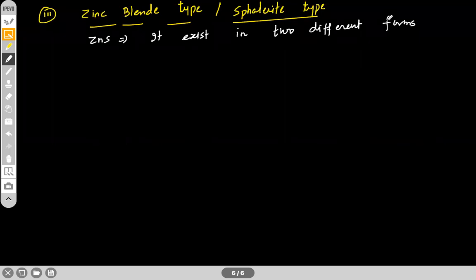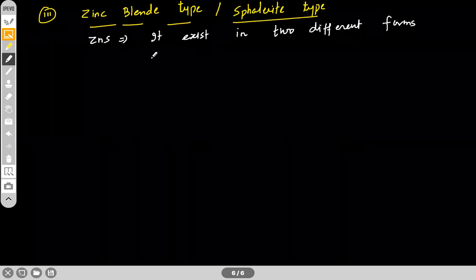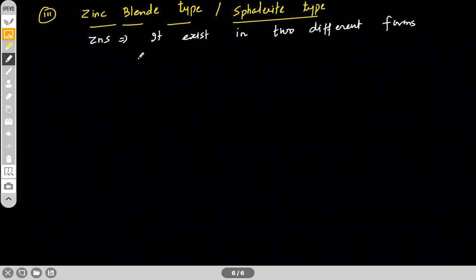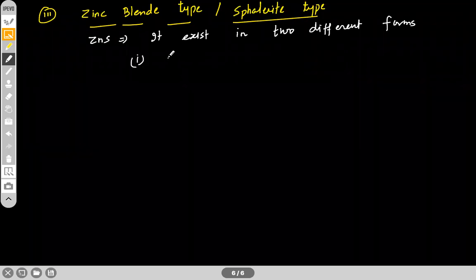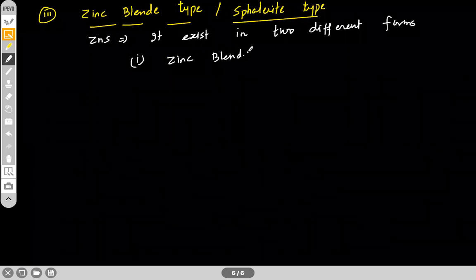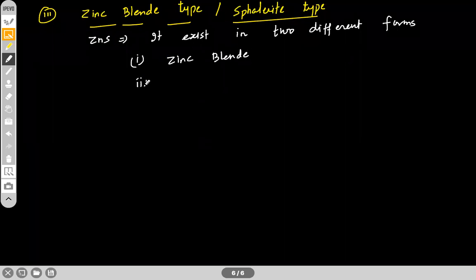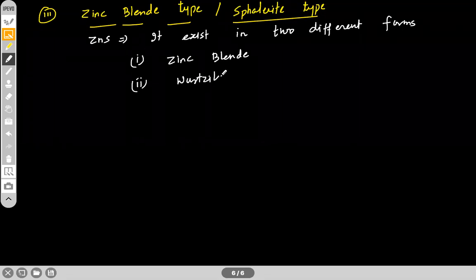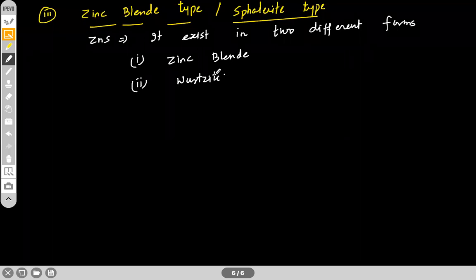One is zinc blende, and the other one is wurtzite. Right? Zinc blende and wurtzite. Write down.